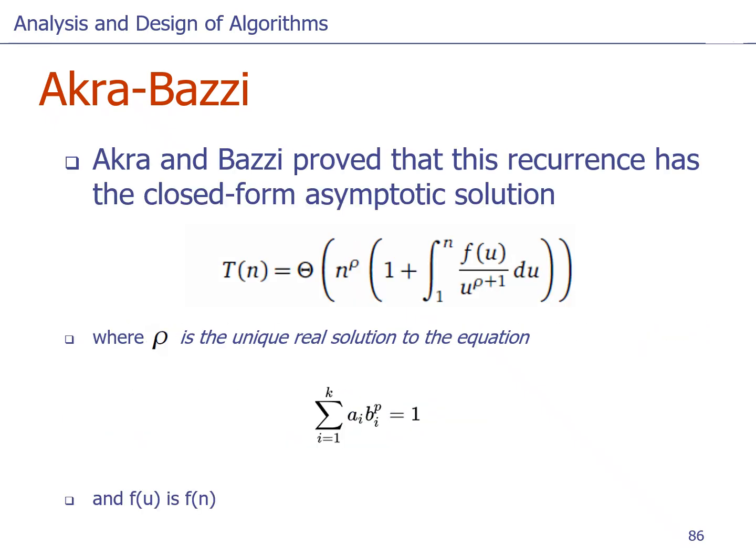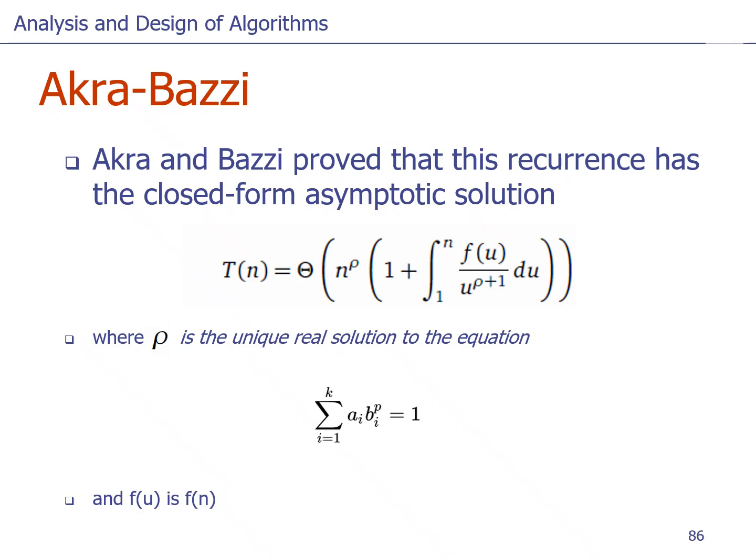So the theorem states the following: if you can write the recurrence as in the formulation we discussed in the previous slide, then T of n, the O or the theta that you're looking for, is n to the tau multiplied by 1 plus the integration from 1 to n of f of u divided by u to the tau plus 1, du.